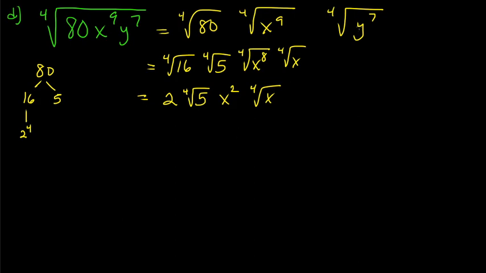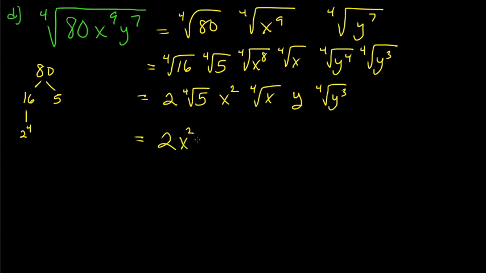And then finally, the fourth root of y to the 7 is the fourth root of y to the 4 times the fourth root of y to the 3, right? Because 4 plus 3 is 7. The fourth root of y to the 4th is just y to the 1, and we'll leave the fourth root of y cubed. So we have a 2 in front, an x squared in front, and a y in front, and then the fourth root of 5xy cubed.